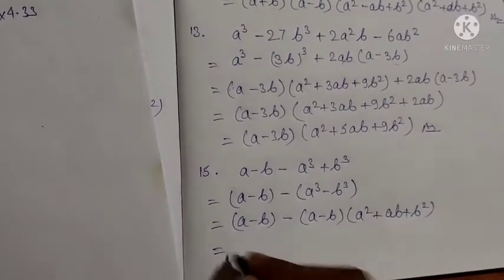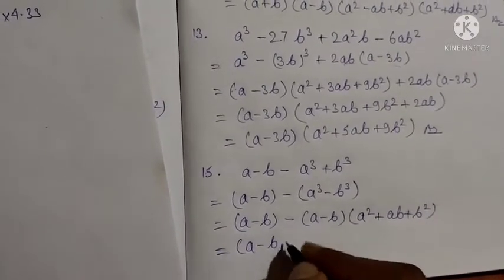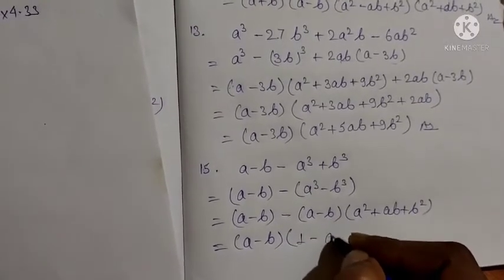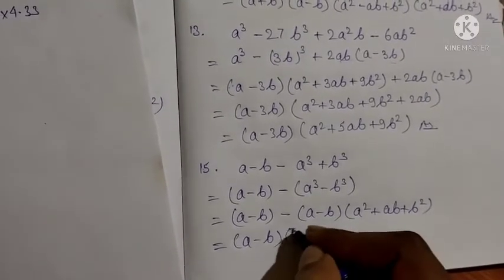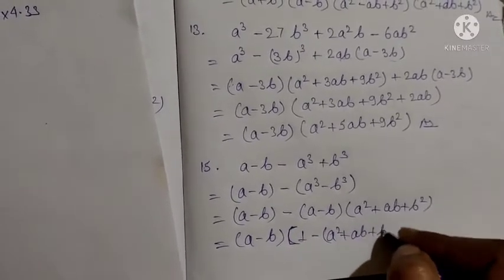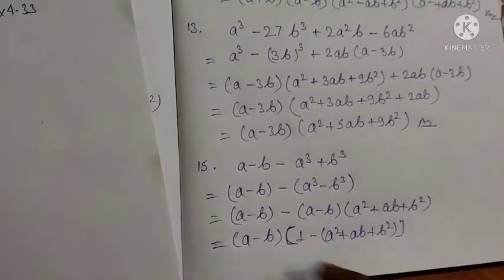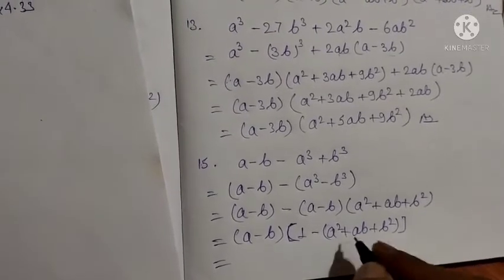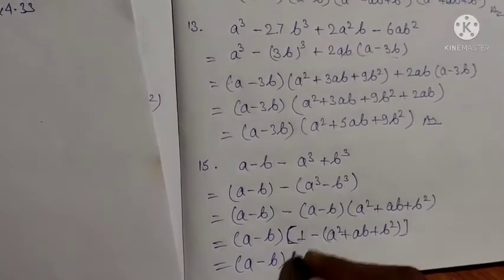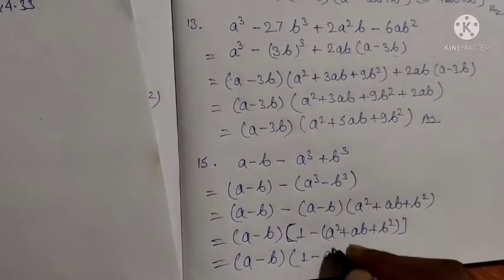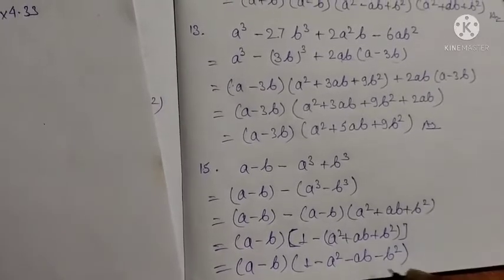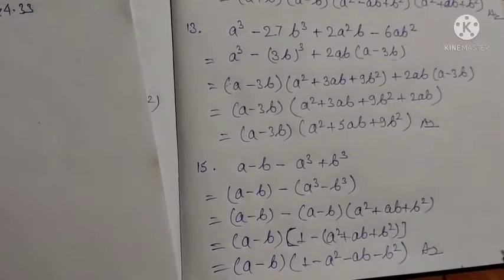Now take a minus b as common, then it will be (a minus b)[1 minus (a square plus ab plus b square)]. By removing this bracket, we can write it as (a minus b)(1 minus a square minus ab minus b square). You have your answer.